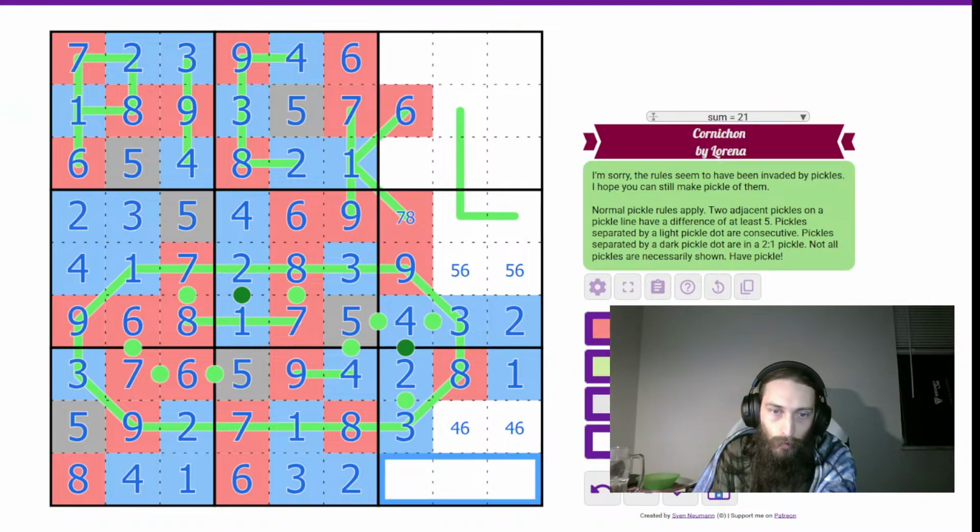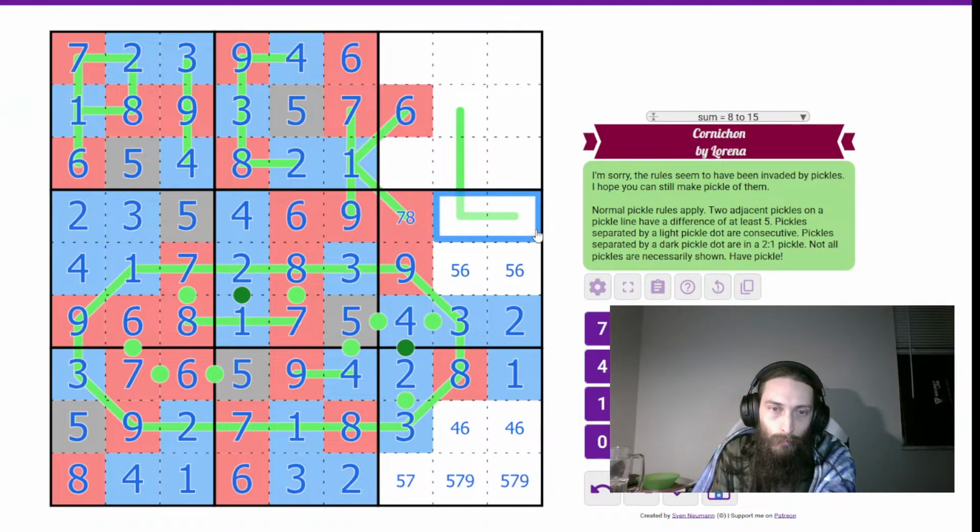This row is missing, well, the blue 4 is here, so 5, 7, and 9. Well, this is a 1. And 7 or 8. 7, 8, 9. 1, 8. 2 or 4.